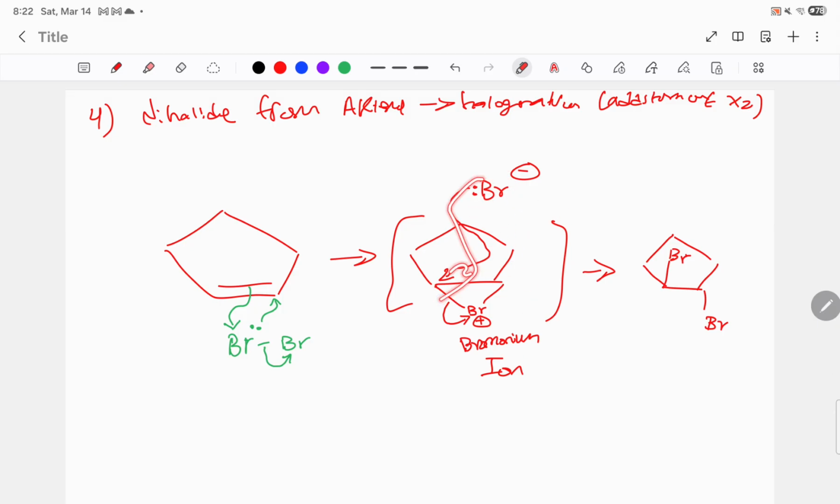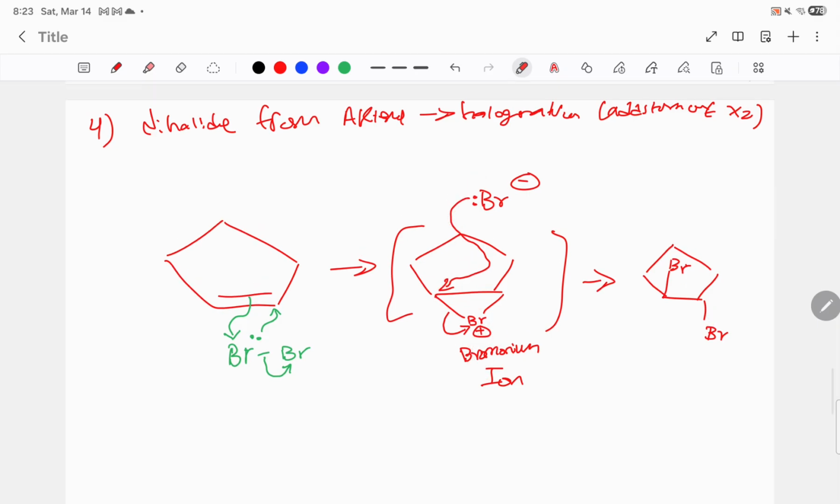So it's anti-addition. That is important. And because of this, it is stereospecific. So again, the reaction occurs in a stereospecific manner, by anti-addition through a halonium ion, giving exclusively a trans dihalide product.